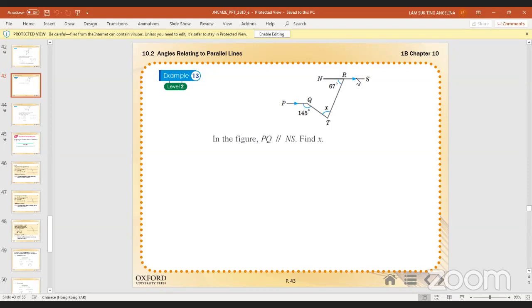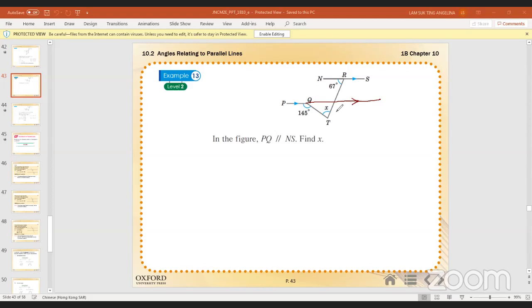Now this line is a parallel line, and this one is a parallel line. If you look at the diagram like that, it seems that they are not related. If I want them to be related, maybe we have to extend or produce PQ like that. Because PQ is parallel to NS, after I have extended the line, they are still parallel. Then we may need to give a name to this point.